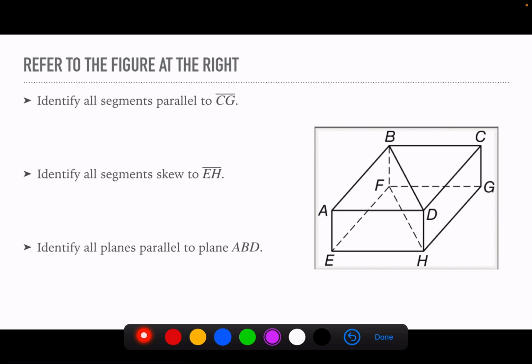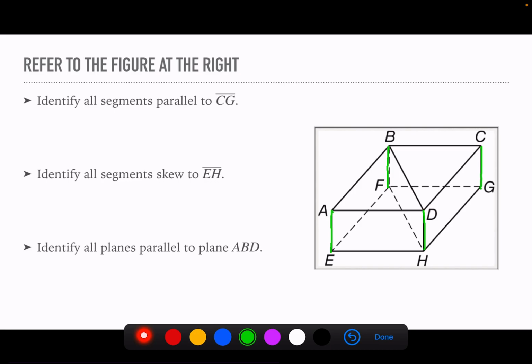We want to identify all the segments parallel to CG. So CG is here. In fact, I am going to highlight it green. Now, anything that looks like CG is going to be parallel. So we end up with a parallel line here, a parallel line here, and a parallel segment there.